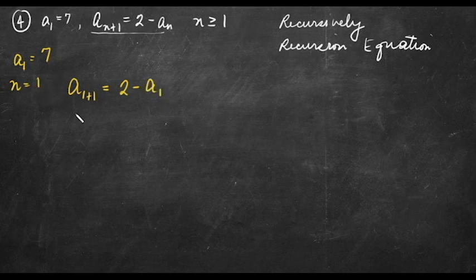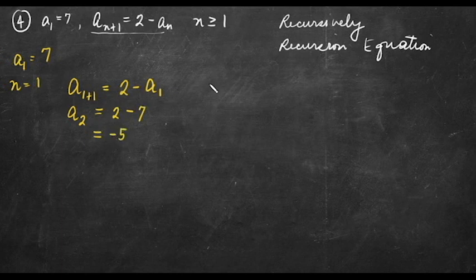So, if we simplify this, we'll have a sub 2, which is our second term, is equal to 2 minus a sub 1, which is already given as 7. So, therefore, a sub 2 equals 2 minus 7, negative 5.